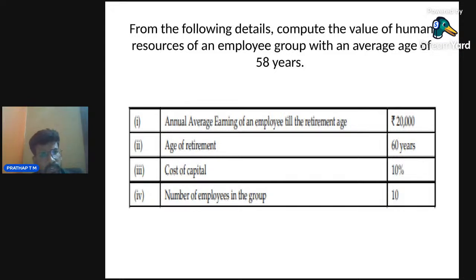So here the problem is you have to determine the present value factor table. What is the present value factor table? How can we determine it? Fine. So what is the meaning of this question actually?